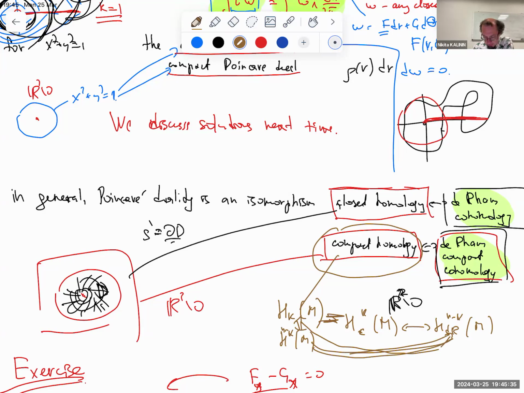Okay, so from this perspective, it seems that there are simplicial homology, simplicial cohomology, de Rham cohomology, and de Rham cohomology with compact support, but actually there are also closed homology and closed cohomology. But since they are anyway isomorphic to the de Rham cohomology, people usually ignore them.